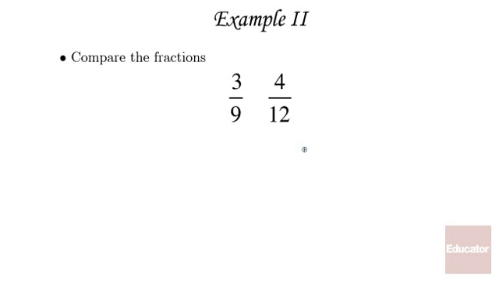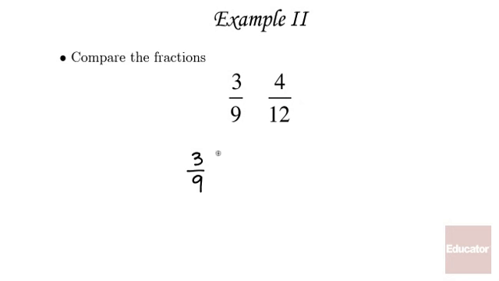Another example, 3 over 9 with 4 over 12. 3 over 9, okay, I can take this fraction and change it to look different, because this fraction and this fraction have a different number of parts.